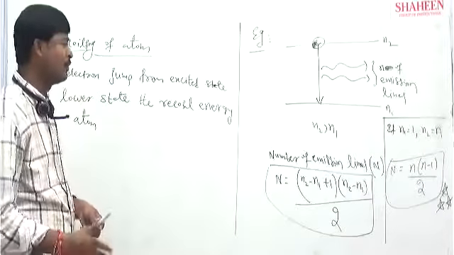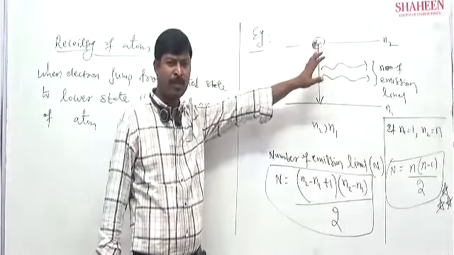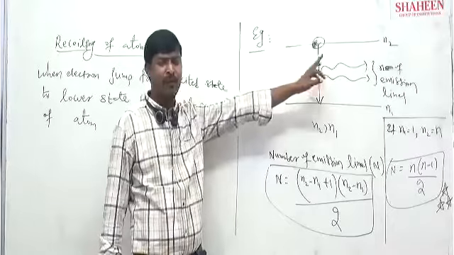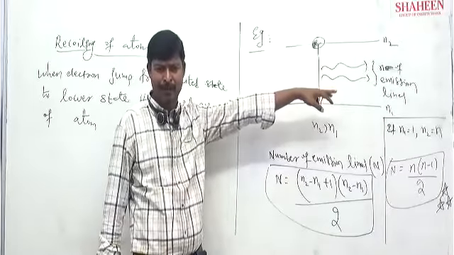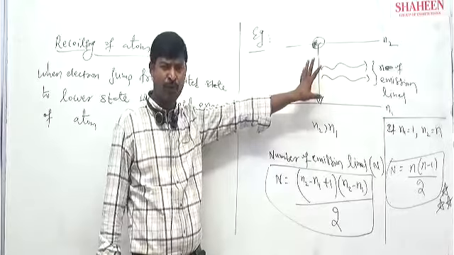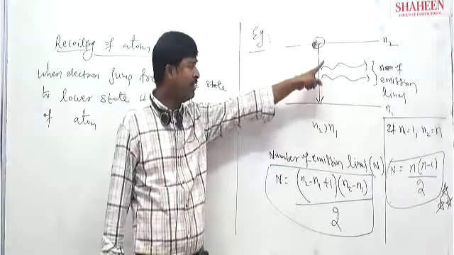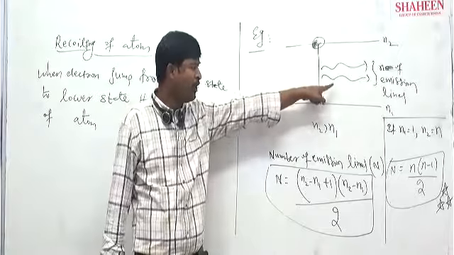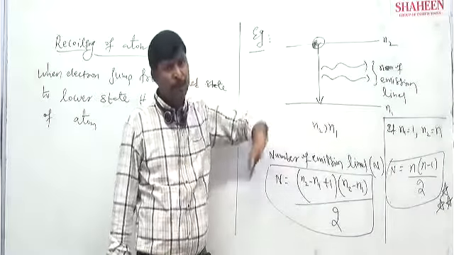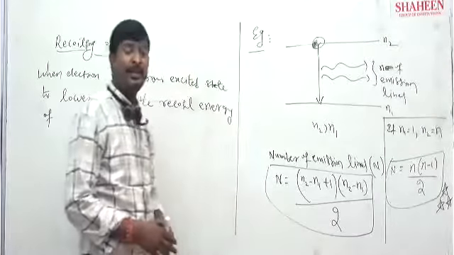Similarly, initially the atom and electron are at rest, but when the electron jumps from higher to lower, a photon of momentum h by lambda is released. The initial momentum of the overall atom is 0, so the final should also be 0. To balance it, in the opposite direction the atom should have the same momentum of h by lambda.